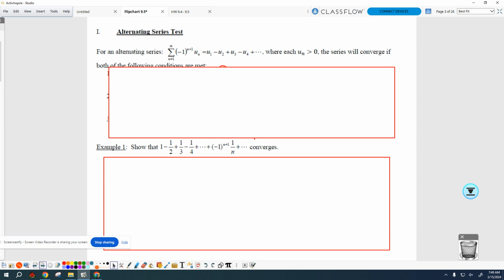So you guys have a packet. Here's the alternating series test definition.